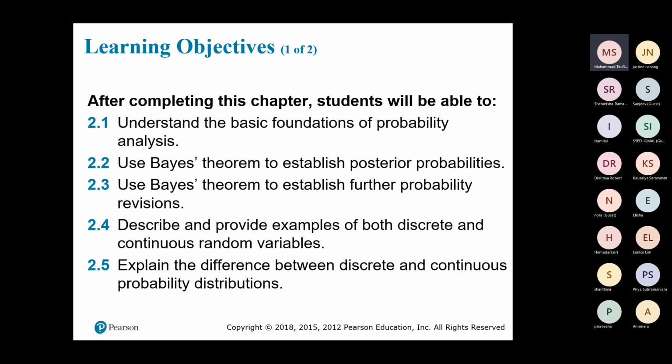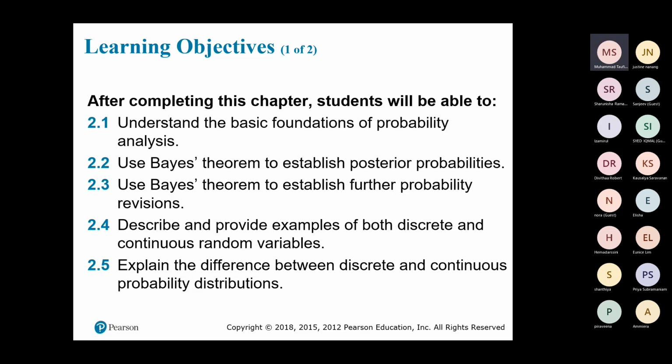We will understand the basics of probability analysis, and learn what Bayes' theorem is. We will use the theorem to establish posterior probabilities and to calculate probabilities, and use Bayes' theorem to establish further probability revision.